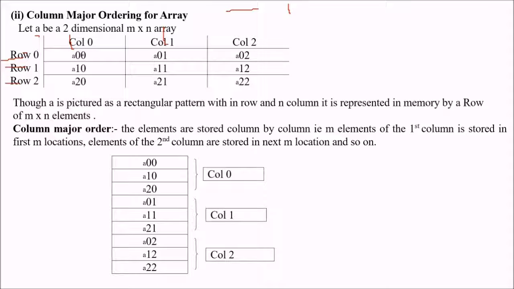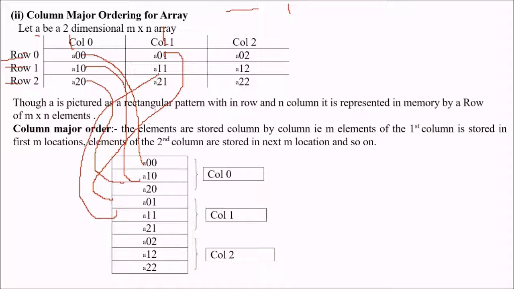First we have 0,0, then 1,0, then 2,0, then we have 0,1, 1,1, 2,1, and then 0,2, 1,2, and 2,2.